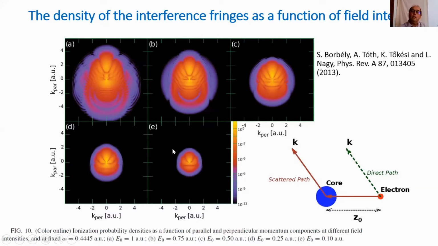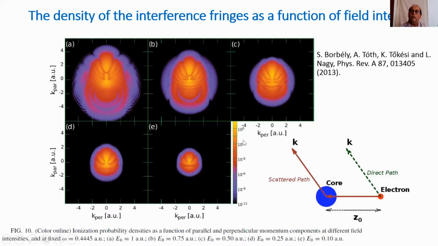It is easily observed that when we move from high intensity to low intensity, the density of these radial fringes decreases.